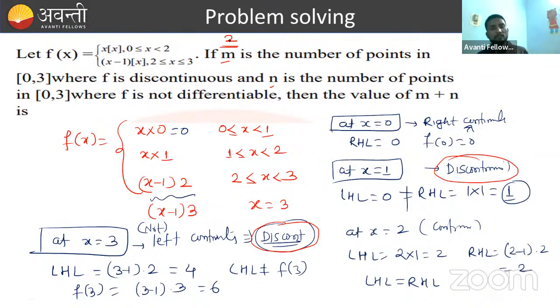The second thing is you have to find the points of non-differentiability. You already know that if any function is discontinuous, then at that point the function is not differentiable also. So we already have 2 points where it is not differentiable.